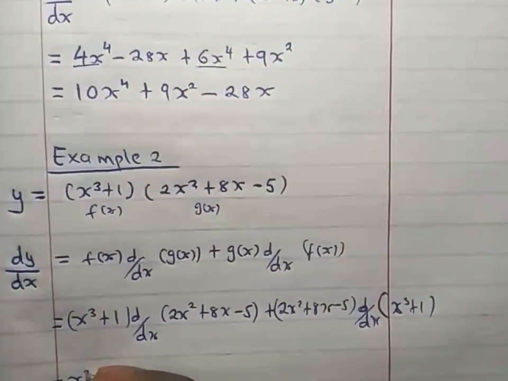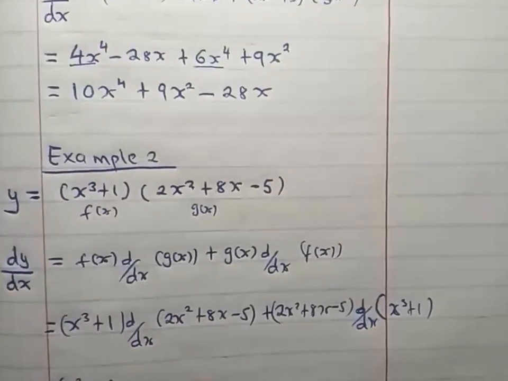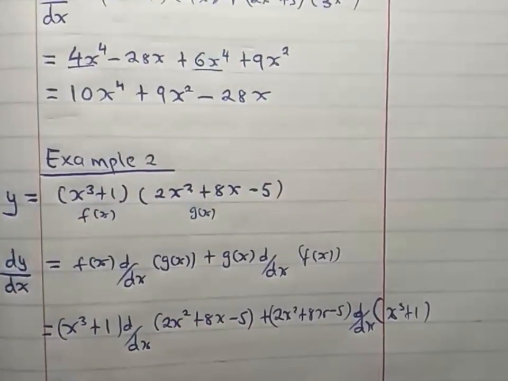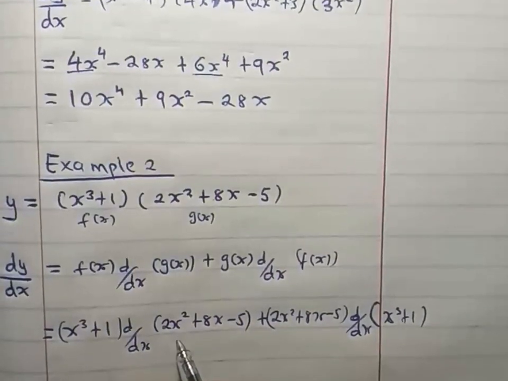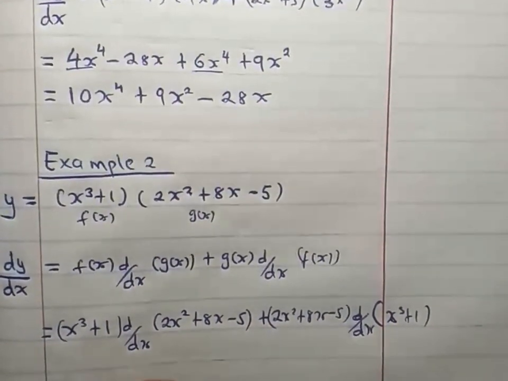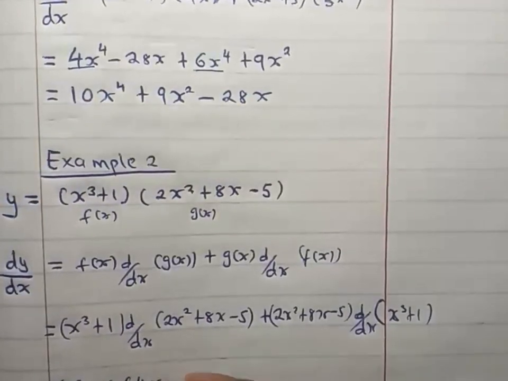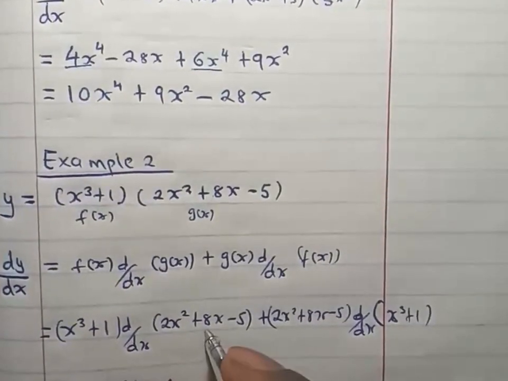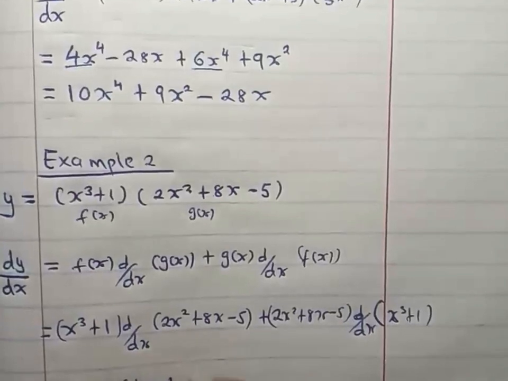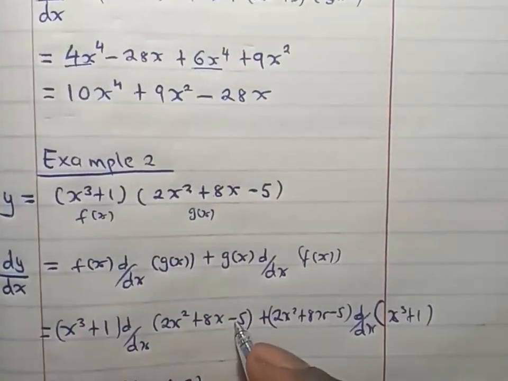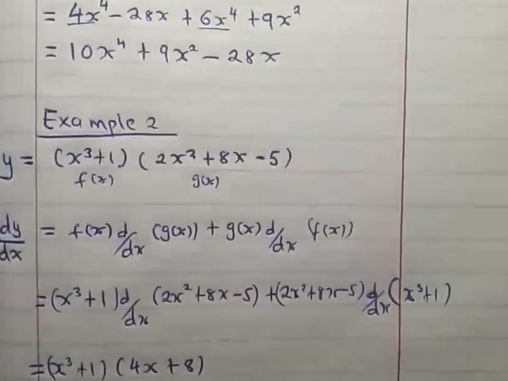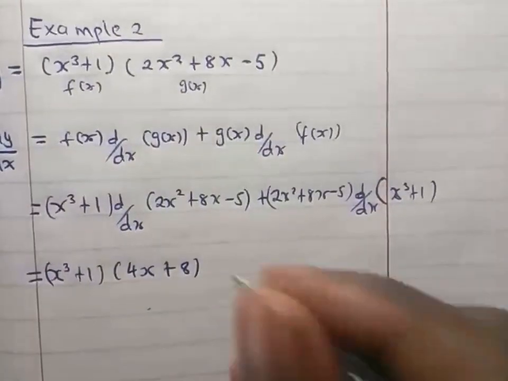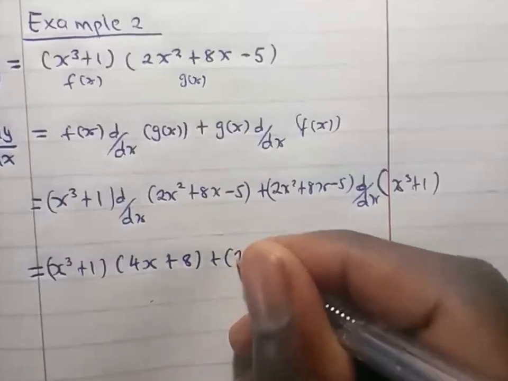Now x cubed plus 1, we hold it constant while we differentiate the second function, which is g of x. If you differentiate 2x squared with respect to x, you are going to get 4x, plus, if we differentiate 8x with respect to x, we are going to get 8. And if we differentiate negative 5 with respect to x, it goes to 0 since it is a constant.